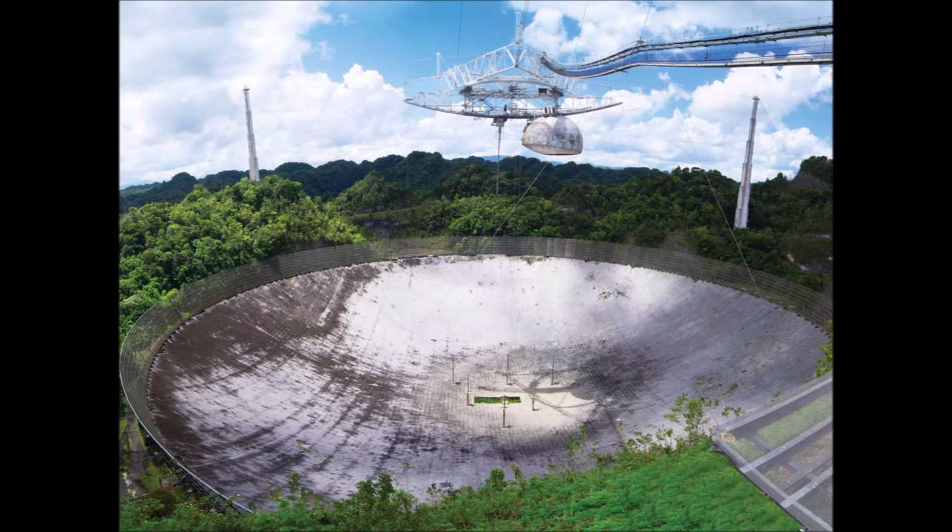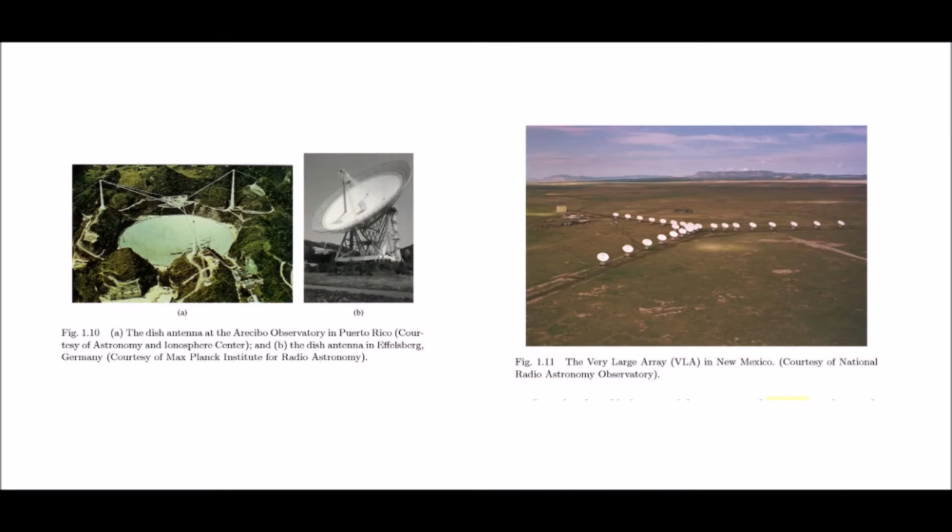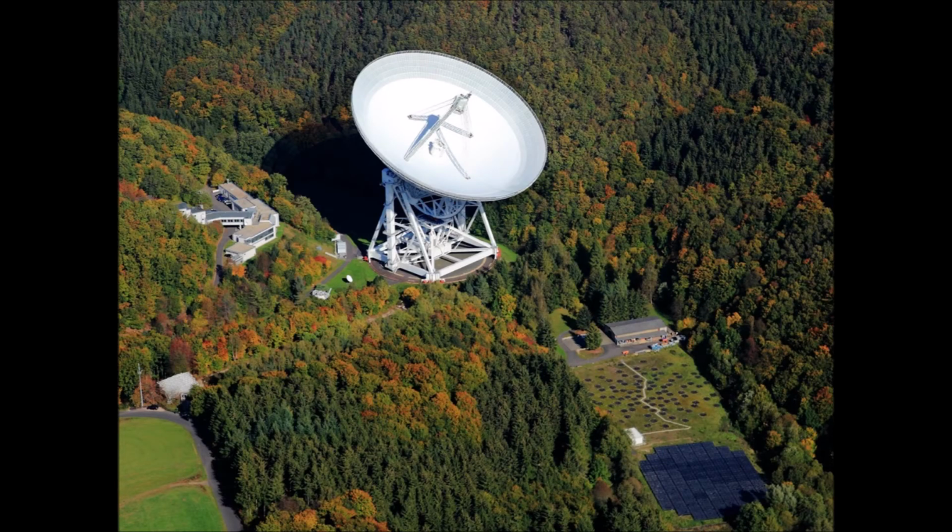Figure 1.10a shows the 1,000 feet dish at the Arecibo Observatory in Puerto Rico. Figure 1.10b shows the 100-meter, 300-foot dish in Effelsberg, Germany.